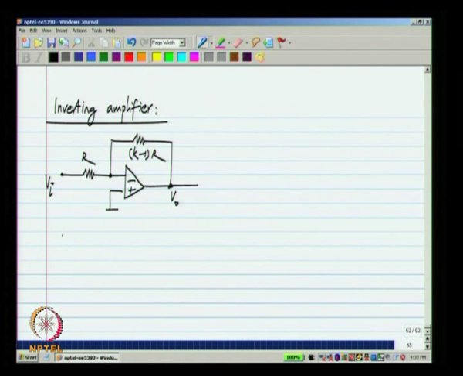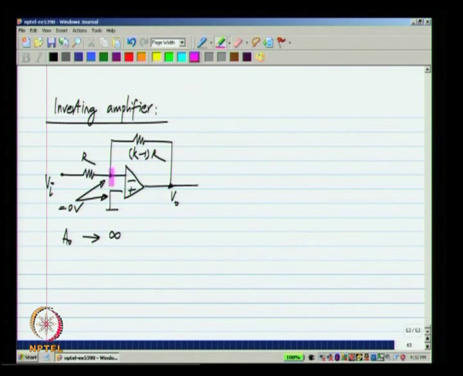First of all, again I will assume A naught tending to infinity, A naught being very large. What happens then? The voltage here is the same as the voltage there and that is equal to 0. So, if A naught is very large, these two voltages are close to each other. Even if A naught is finite, this voltage will be a small fraction of the output.